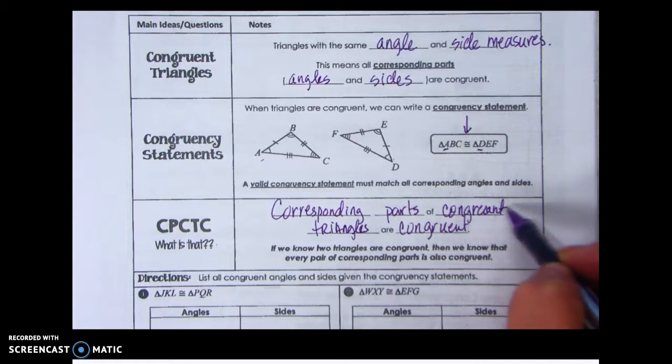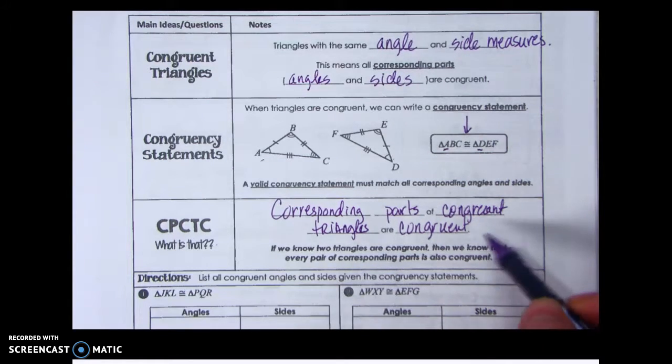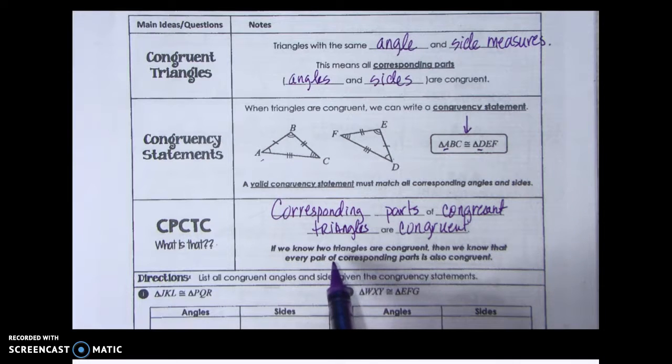I think I messed up the spelling of congruent there. This is the correct spelling. Okay, so if we know 2 triangles are congruent, then we know that every pair of corresponding parts is also congruent.